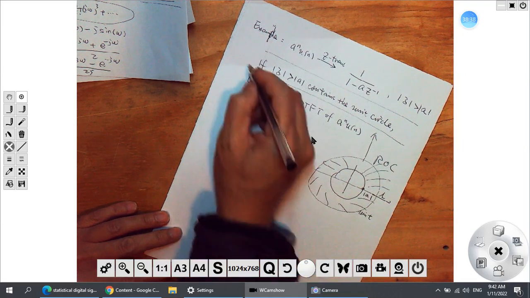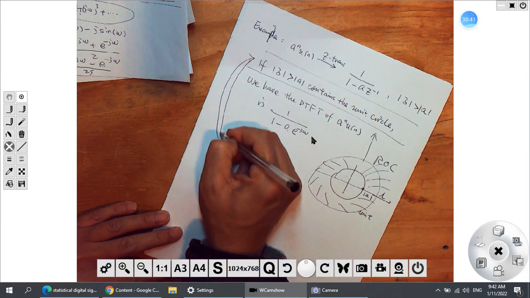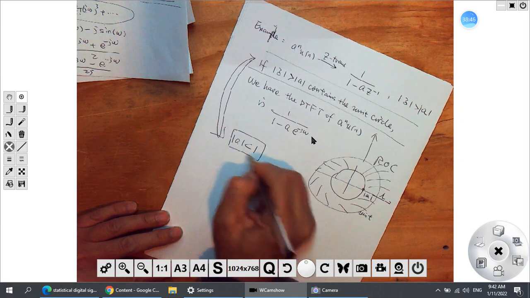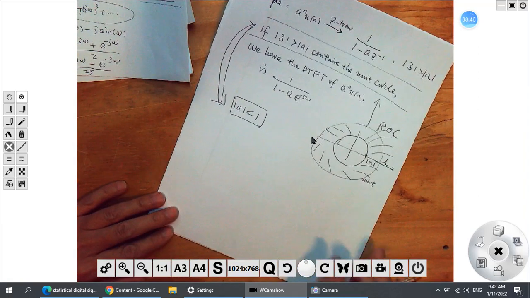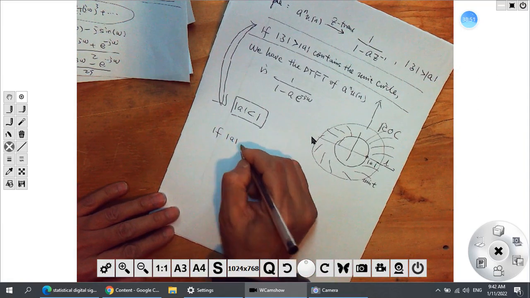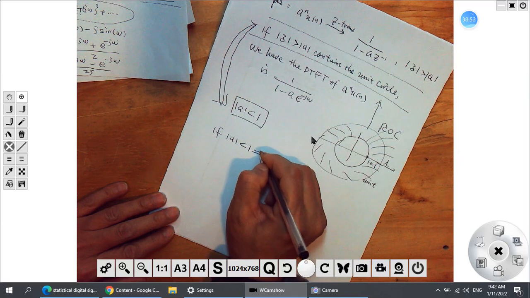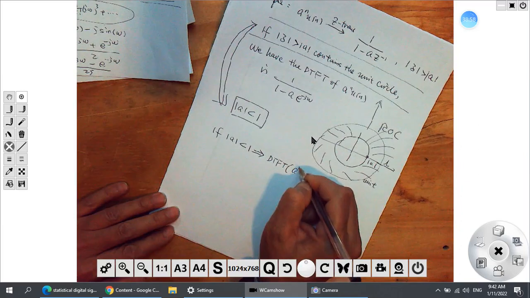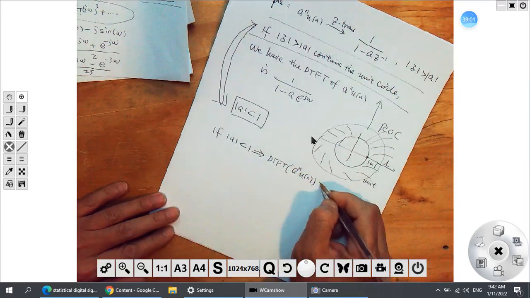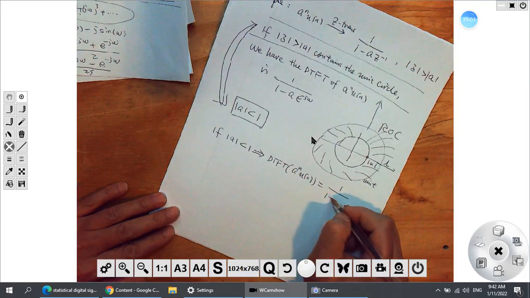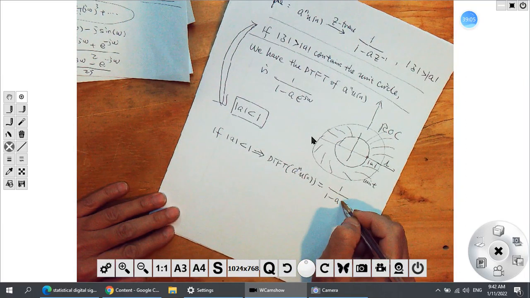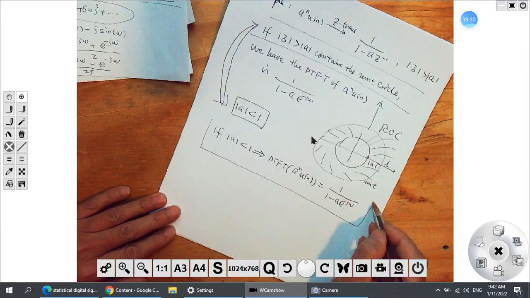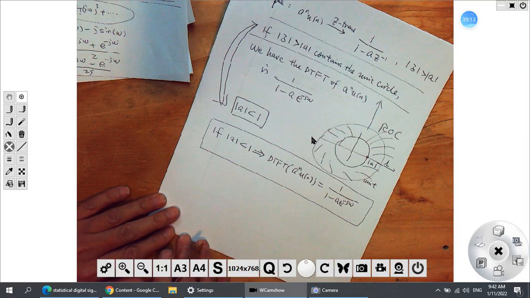So the condition is equivalent to |a| smaller than 1. We can also state it like this: if |a| is smaller than 1, the DTFT of a to the n u of n equals 1 over 1 minus a times z inverse, which is now e to the negative j omega.